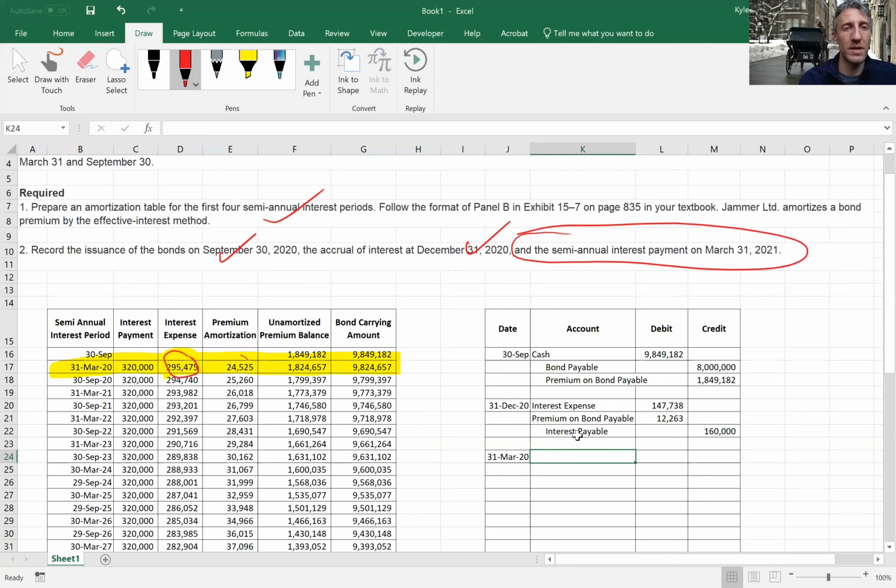We've also already recognized half of that premium. So what I'm going to do is set up an interest expense. And it's going to be for the other half, the remaining 3 months. So the amount is going to be exactly the same, 147,738. And again, that's going to be 295,475 multiplied by 3 of the 6 months.